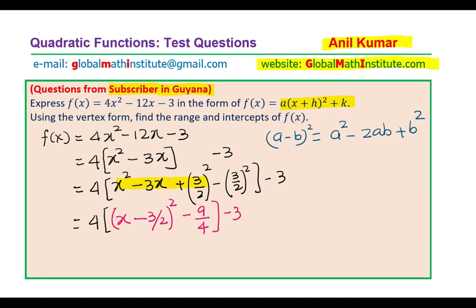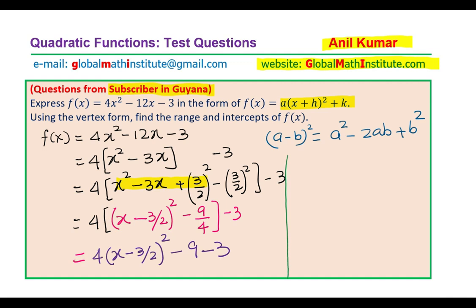Now we can open the bracket. Once you open the bracket, you get 4 times x minus 3 by 2 whole square, minus 4 times 9 by 4, which gives you 9, minus 3. You get the idea. So let me write it down on this side.